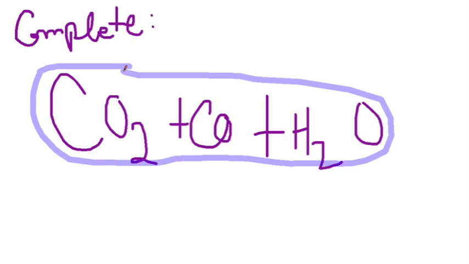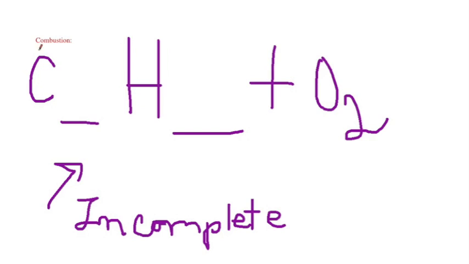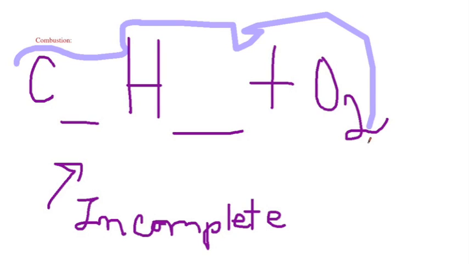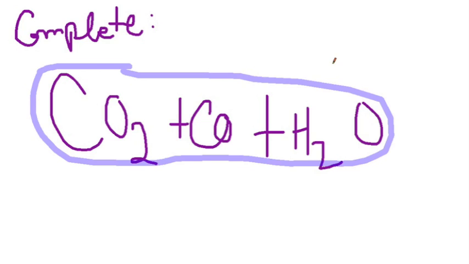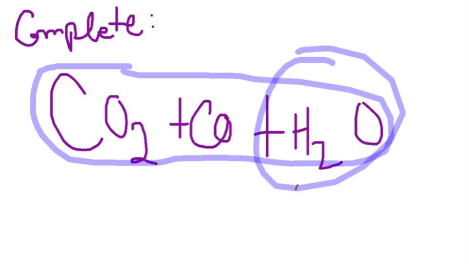On the other hand, you can tell that combustion reactions are incomplete if you go back and see all of these charges, and you're going to see plus O2. Another difference is that in one, water is written out, which is complete combustion.